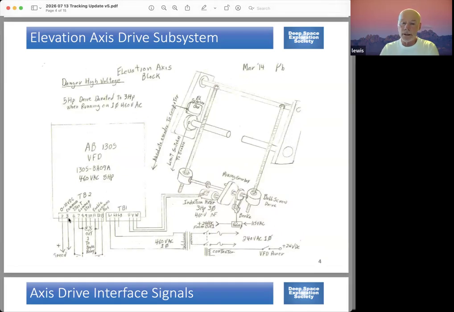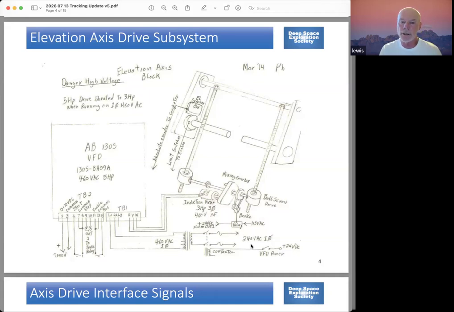On the power side, the whole VFD is powered by 240 volts coming from, well, I guess it's from the circuit breaker that Bill was talking about, through a contactor that doubles the voltage to 480 going into the thing.